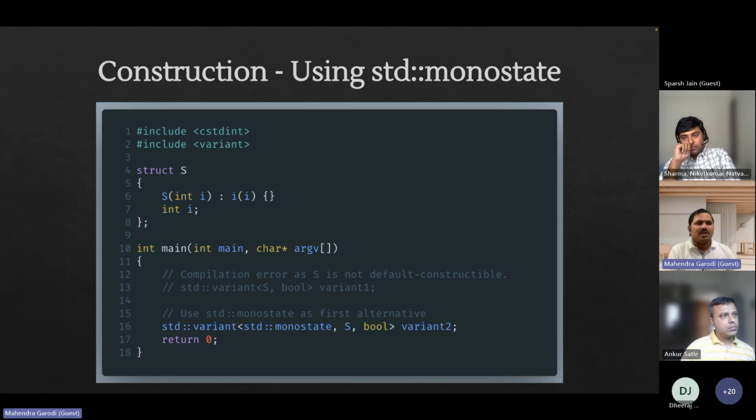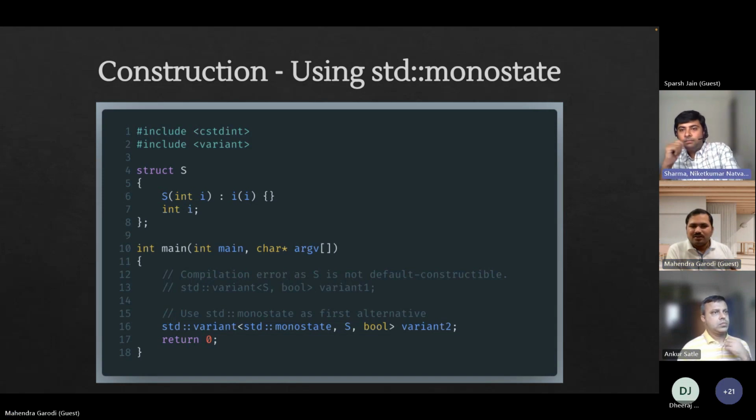If you are not even passing any value, for example, something like line number 16, where I'm not assigning any value, it will definitely initialize the first one, and in this case, it will be monostate. You can just say that we are creating an object of an empty structure. So this monostate is only for this kind of purpose. Somehow we are fooling the compiler: you just skip this part. Yeah, it is just a utility, not some standard language feature. Yeah, okay, got it.